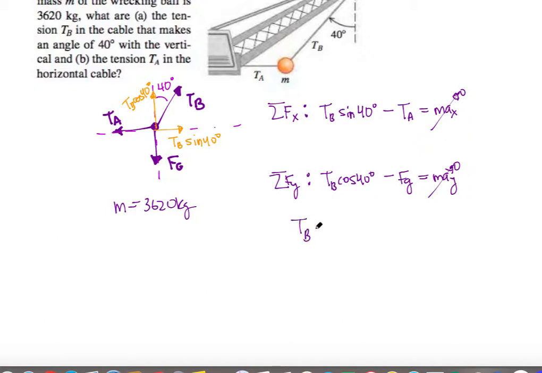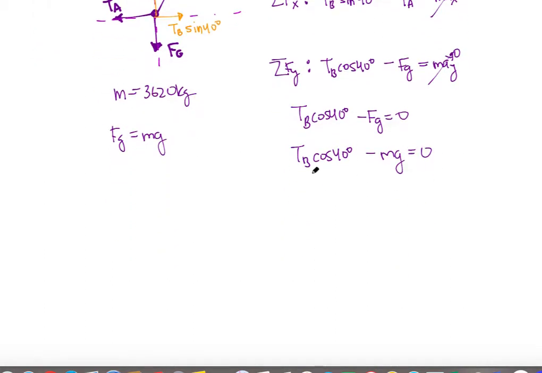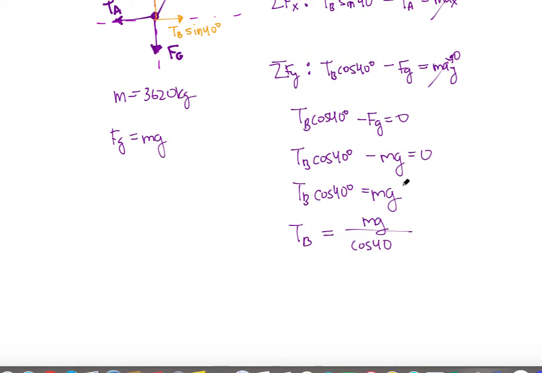So I have tension B cosine 40 minus FG equals 0. I can replace FG with mg in my equation. So I have tension B cosine of 40 degrees minus mg equals 0. Tension B cosine 40 would be equal to mg, or tension B is equal to mg over the cosine of 40 degrees. Now I can substitute some values.